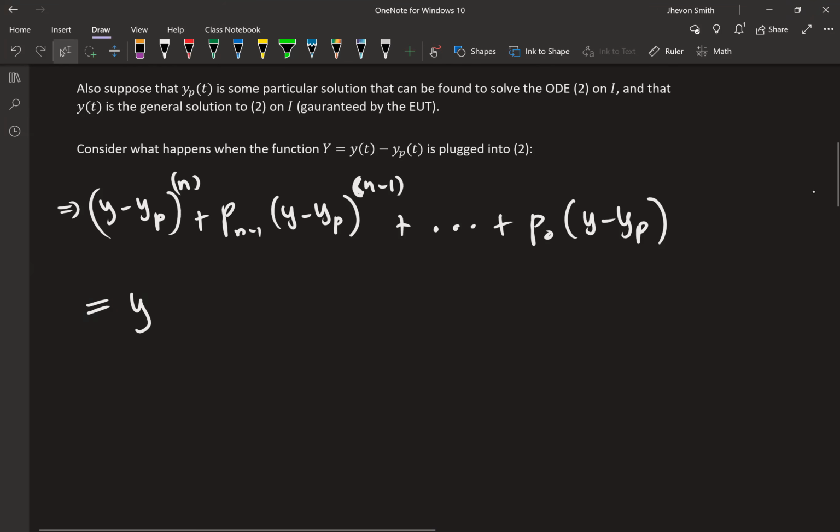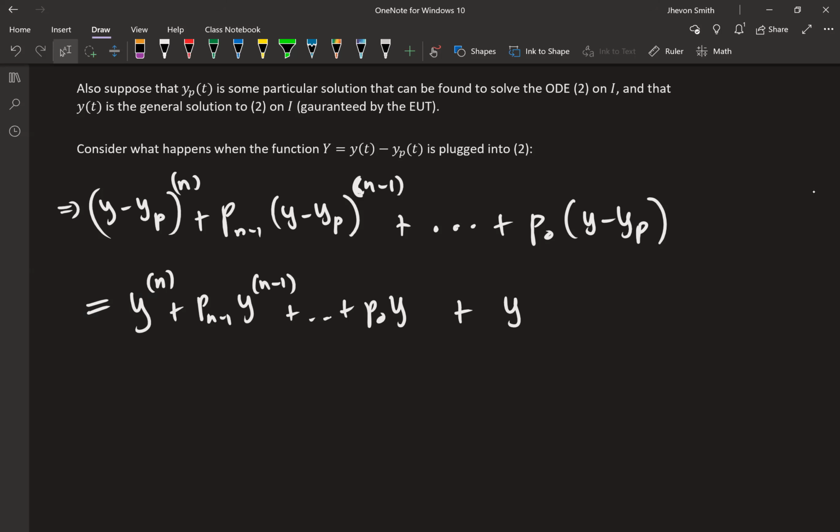So the derivatives distribute. So this would look like y to the n plus pn minus 1 y to the n minus 1, plus dot, dot, dot, p naught y, minus yp to the nth derivative plus pn minus 1 yp to the n minus 1st derivative plus p naught yp.